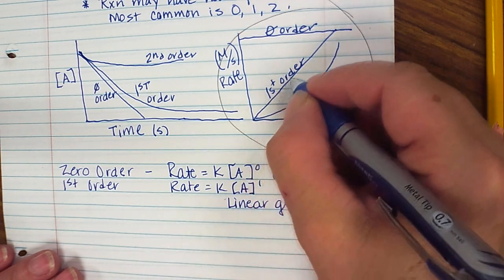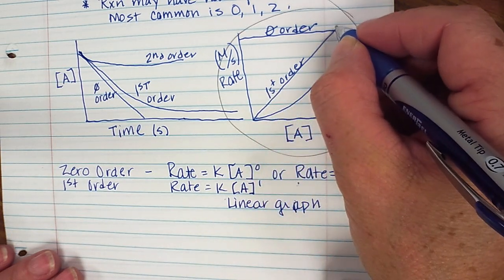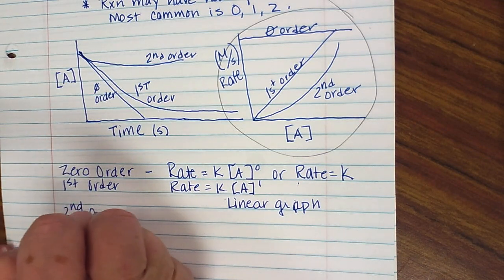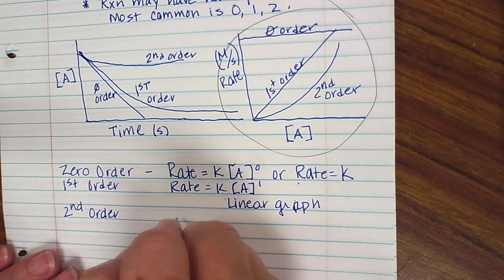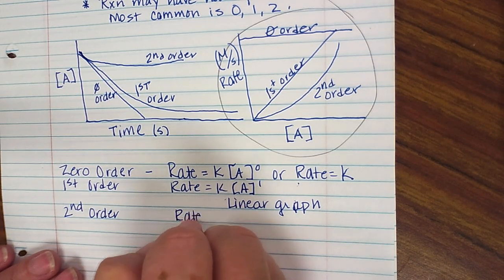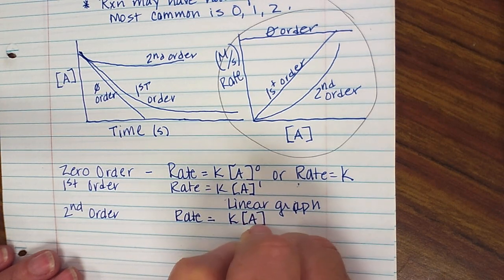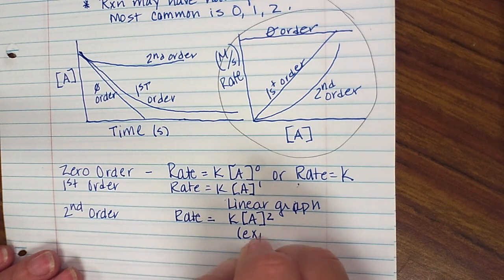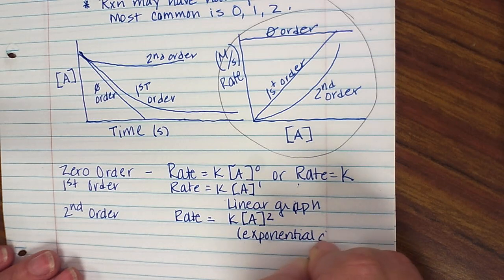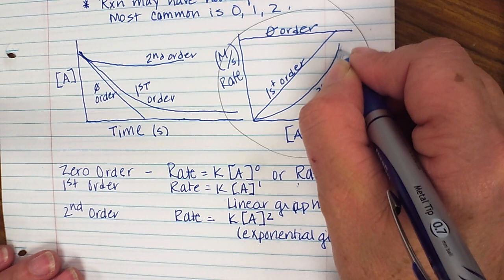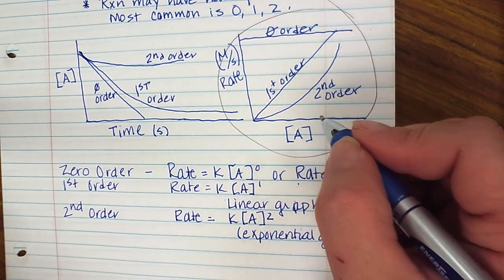And here it is. Linear. And then with the second order, the rate is going to equal K times the concentration of A squared. And so that's going to give you an exponential graph. And here it is, the exponential graph, okay?